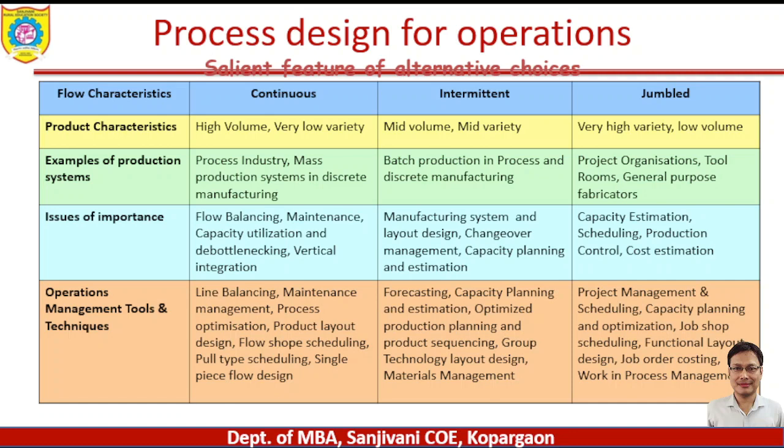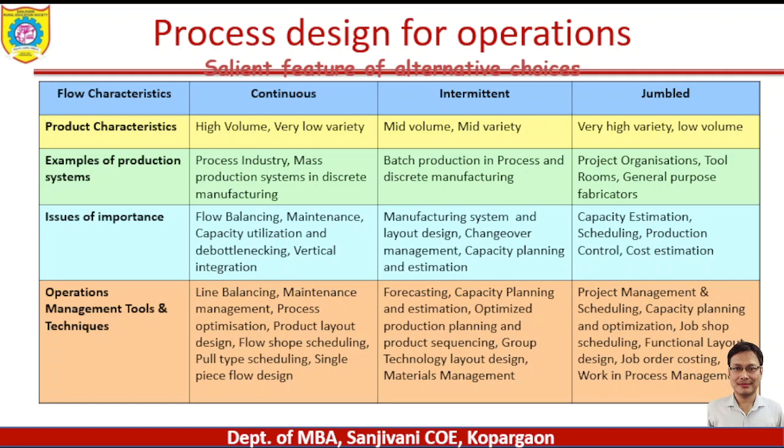High volume products are usually manufactured in process industries like the sugar industry, paper manufacturing industry, and oil refinery industry. Since the flow has to be continuous, more maintenance work is required as compared to the other two flows, which are intermittent and jumble.